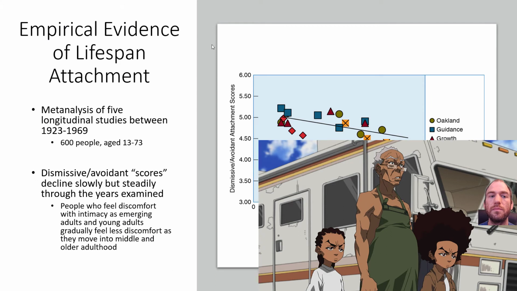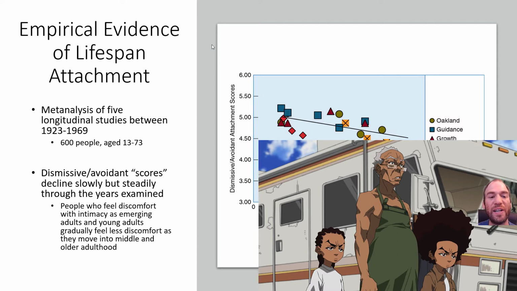A meta-analysis of five longitudinal studies about attachment was examined. Those original studies took place between 1923 and 1963. They included a total of 600 people aged between 13 and 73. So basically, five different longitudinal studies were combined into a meta-analysis, and those longitudinal studies were about attachment across the lifespan.